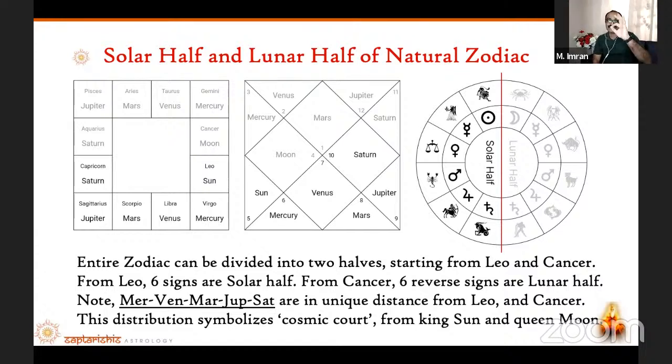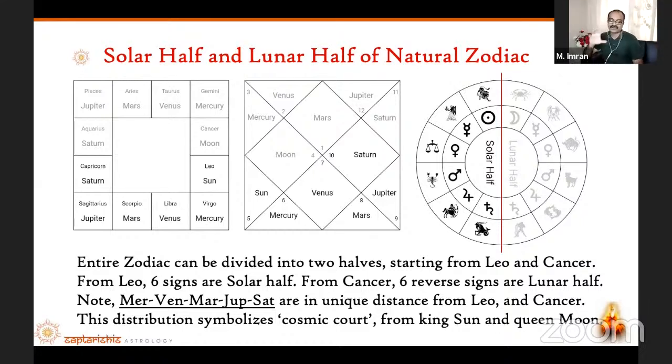But there is a very subtle point in this distribution. There are two luminaries, Prakash Graha, Sun and Moon. And there are five wandering planets, also called Tara Graha in Jyotish, and in traditional Western astrology: Mercury, Venus, Mars, Jupiter, Saturn.